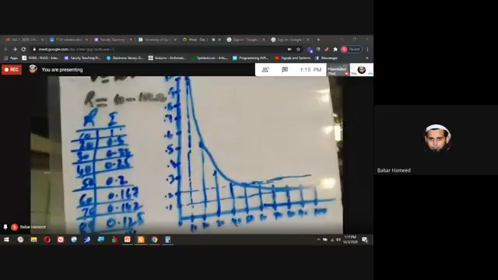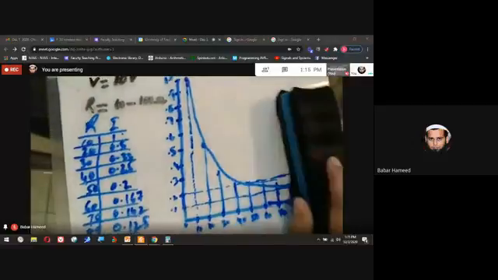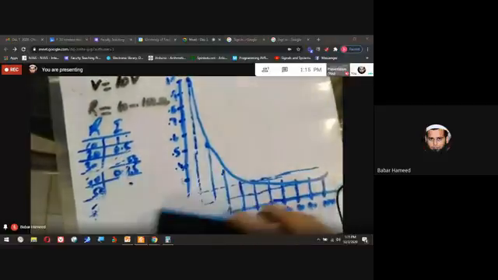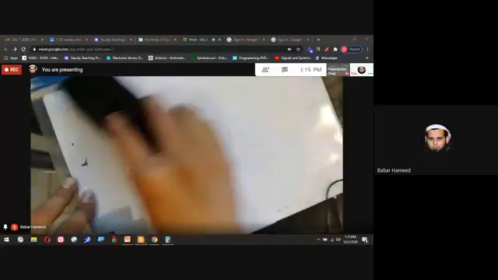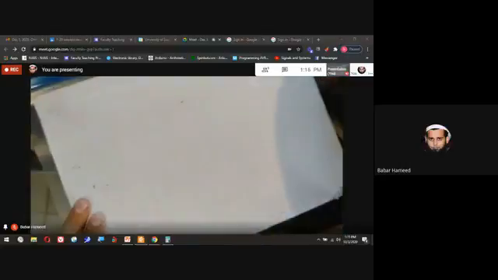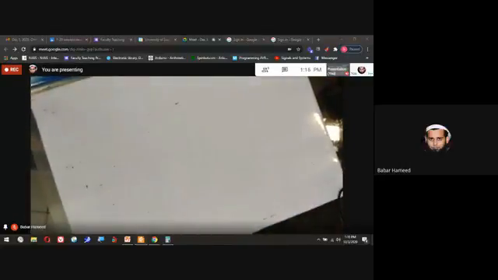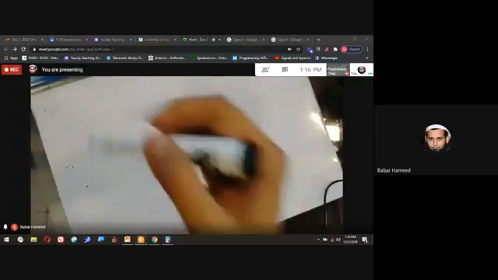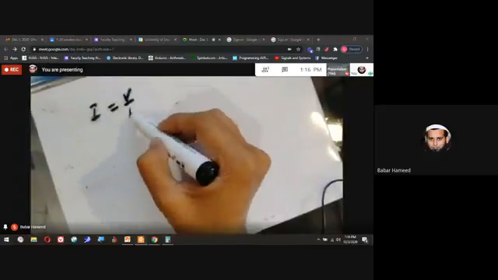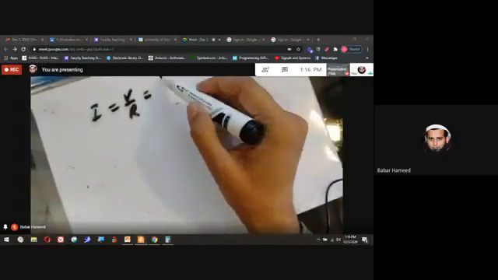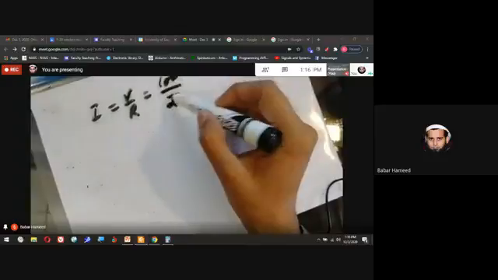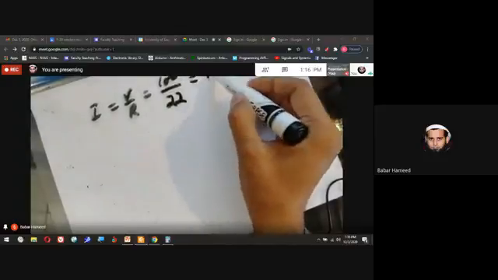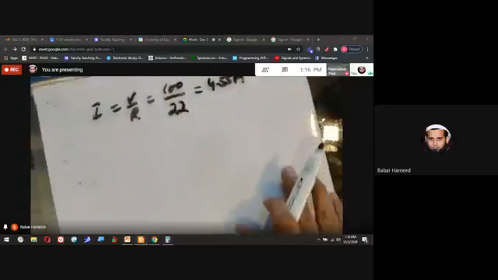If you are given a 22 ohm resistance, what will be the value of current? I is equal to V over R. Then V is 100, R is 22. If it is so, then what will be the current? Simply 4.55 ampere. It's quite simple.